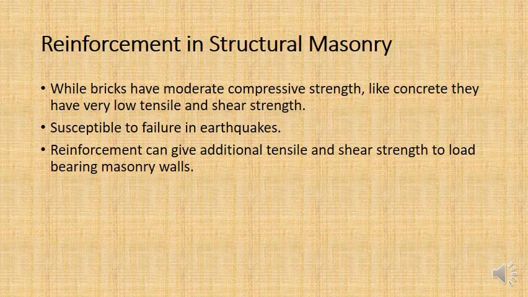So how can you improve a building so it can withstand an earthquake if it's made out of masonry blocks? Well, the way you can do that is by combining masonry blocks with a material that does have very good tensile or shear strength. Basically steel, reinforcing steel.